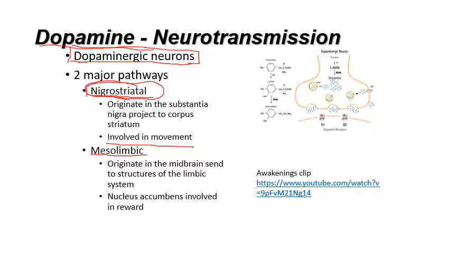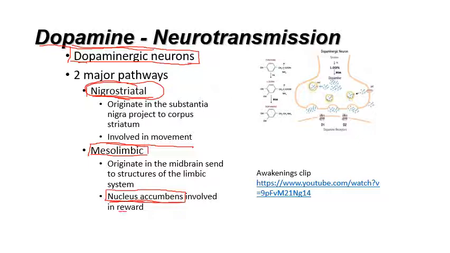Okay, the other pathway is the mesolimbic. In here is the nucleus accumbens, one of the regions of the brain that is stimulated with dopamine transmission. And this is the key to most addiction. All right, most addictive drugs will somehow influence or increase the signaling at the nucleus accumbens.